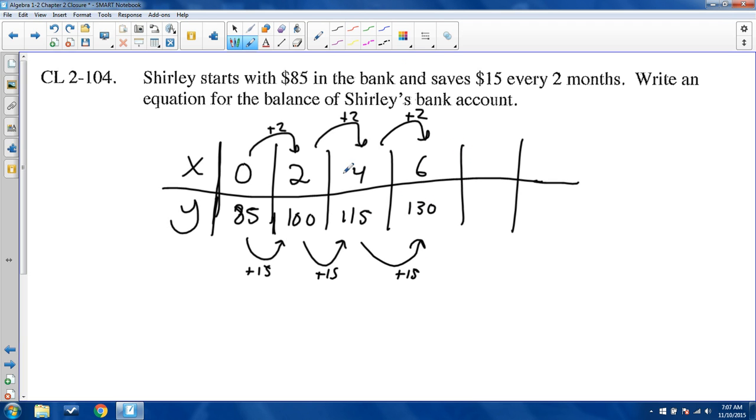The two important things here will be this rate, rising 15 every 2 months, and the starting value, what she began at. Because if we're talking about y equals mx plus b, if we're going to use that form right here, I want x to represent the number of months passed.